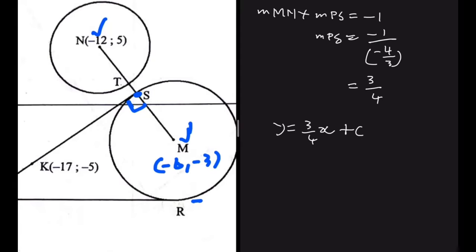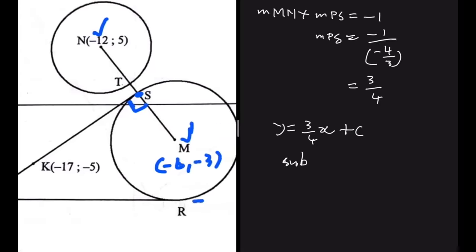We can do that by substituting the point K, which lies on the line PS. K has coordinates minus 17 and minus 5. So we're gonna have minus 5 for the y value, being equal to 3 divided by 4 times the x value, minus 17, plus c.